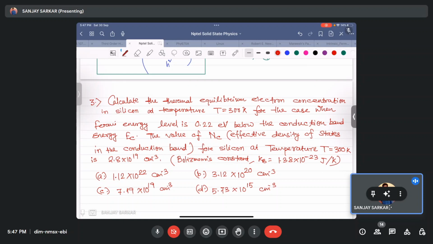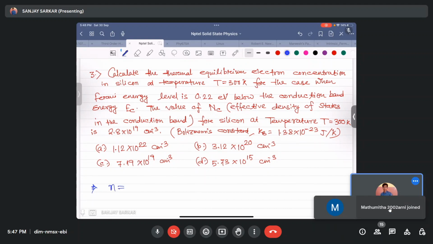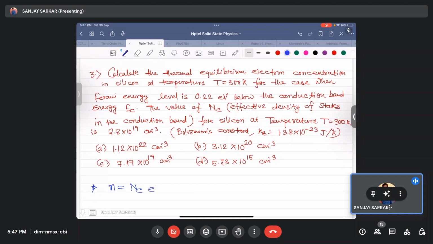For this you will need to use a formula. There are a lot of formulas you need to memorize. The thermal equilibrium concentration in terms of the effective density of states of the conduction band is given by n equal to NC exponential minus (EC minus EF) divided by kT.